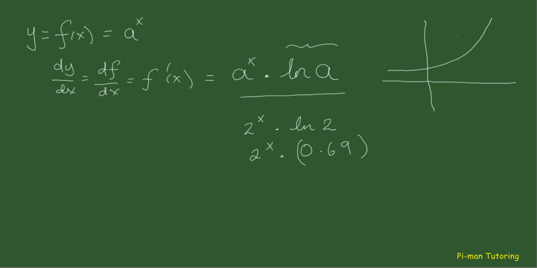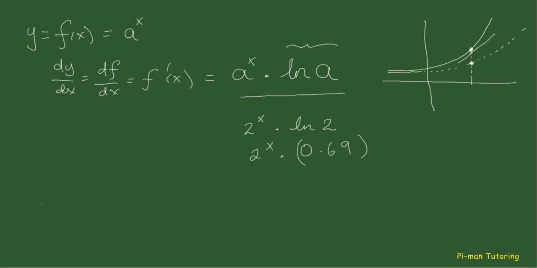And so we're going to end up with a graph that is compressed in the vertical axis because we have this 0.69 scale factor. And that means that the slope of this exponential curve at any point on that curve is given by the value of this new function.